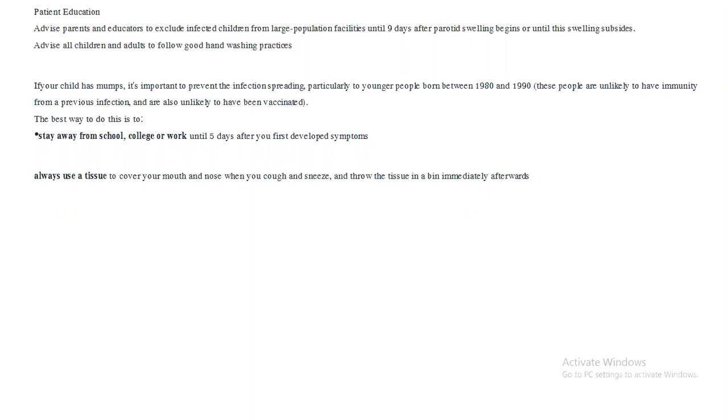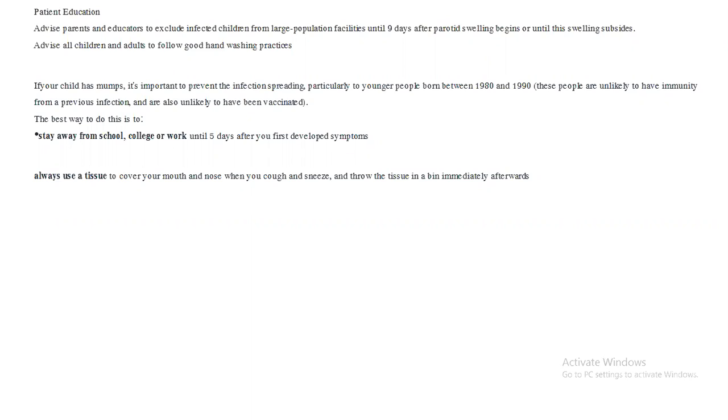If your child has mumps, it's important to prevent the infection spreading, particularly to young people born between 1918 and 1990. These people are unlikely to have immunity from a previous infection and are unlikely to have been vaccinated.